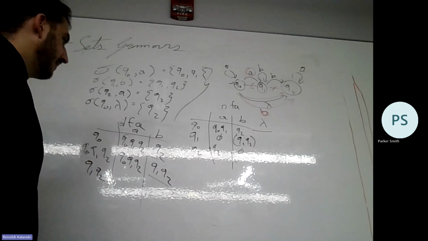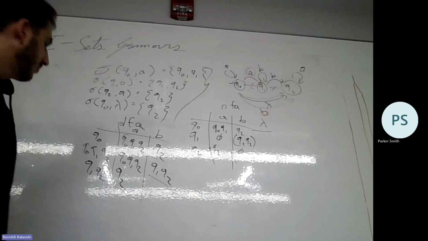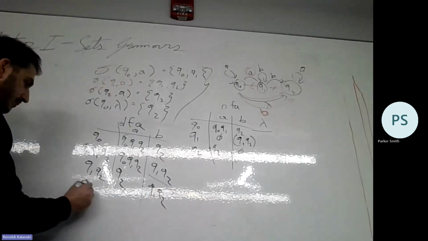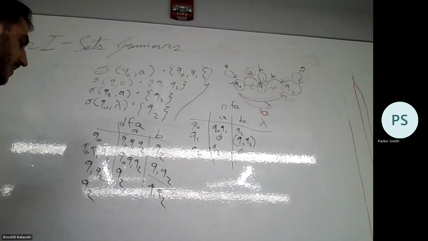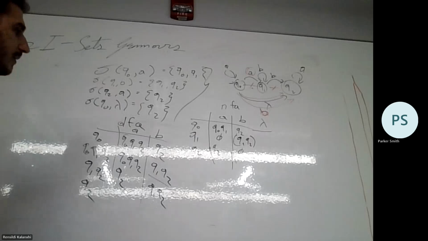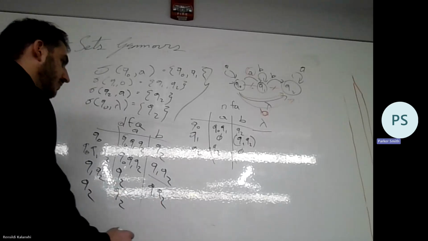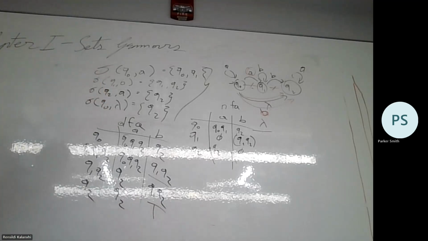Q1, Q2 is just Q2 for A, and then Q1, Q2 for B. And then Q2 is going to be Q3 or trap. This is gonna be the trap. And then Q1 is just disassemble. You need to drop the trap too.